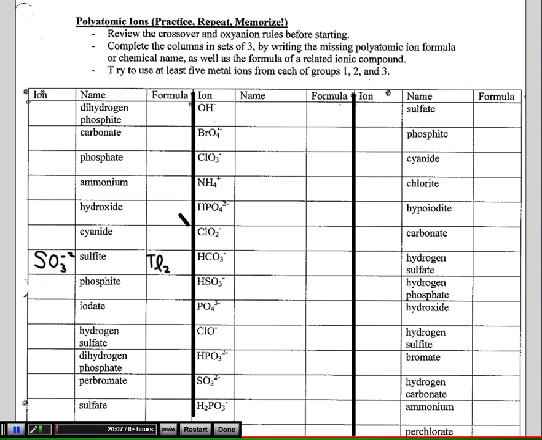Not a lot of room here to fit this in, but the sulfite, SO3 2-, there would be 3 of those. So you're going to have to use a fine point pen, or a pencil would be fine as well. That would be an example of a chemical formula that contains sulfite.